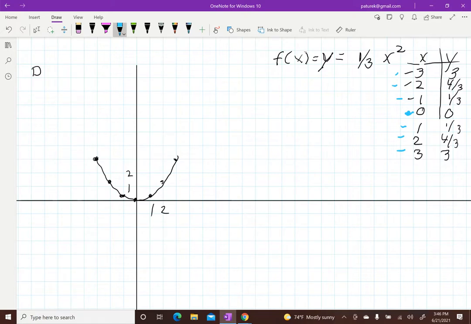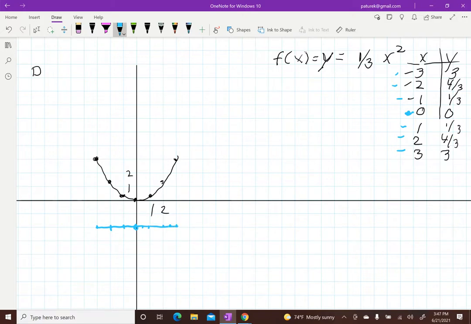So the domain includes each one of these points that I've done, but in addition, it includes any point in between them. So if I put in x equals 1/2, that would be a part of the domain as well. And x equals 2.5. In fact, every single point between the ones I've plotted fits in the domain.